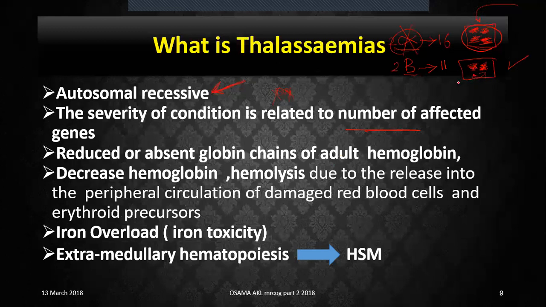That one is absent and the other one is partially functioning. So we have 3 types: minor, major, intermediate. So it's according to the number of affected genes.